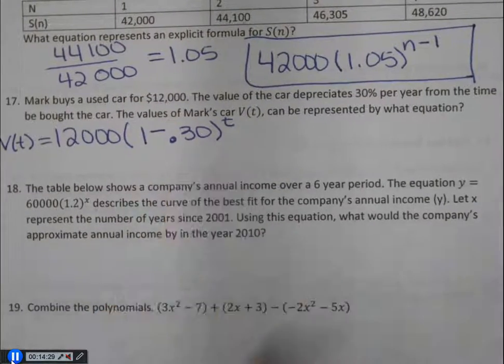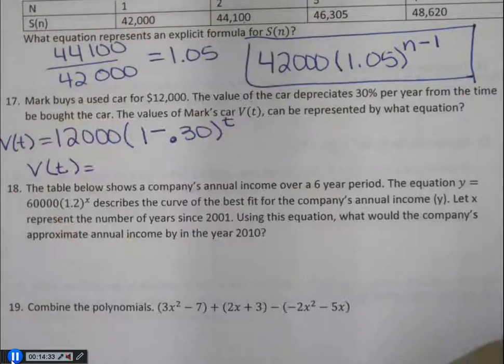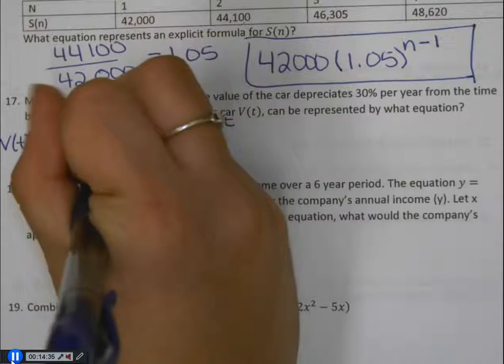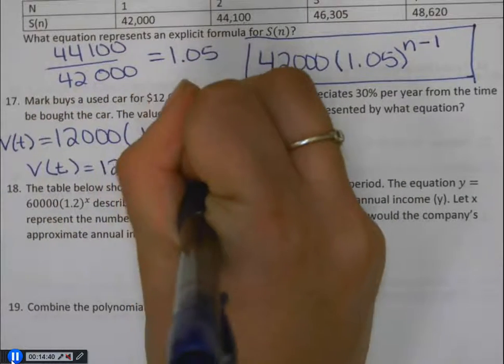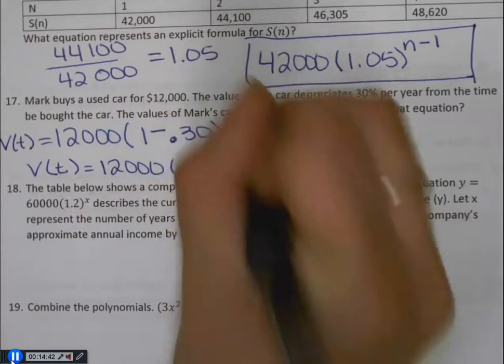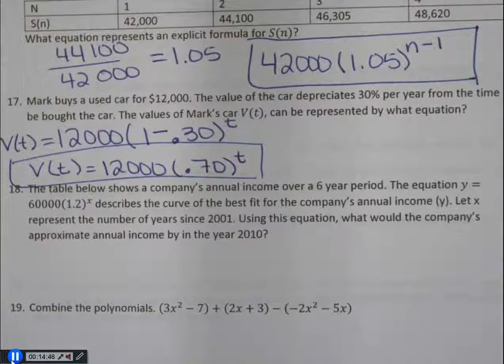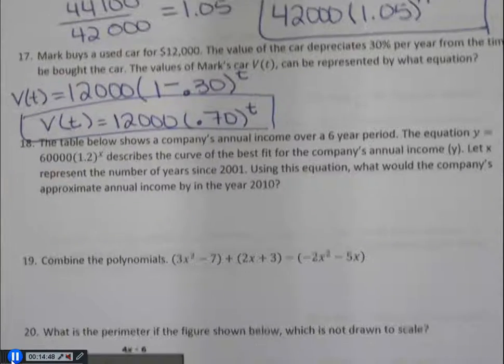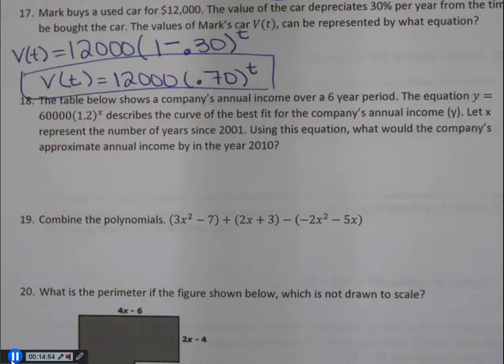So 1 minus 0.30 is 0.70 t. Questions on 17? One minus 0.80.